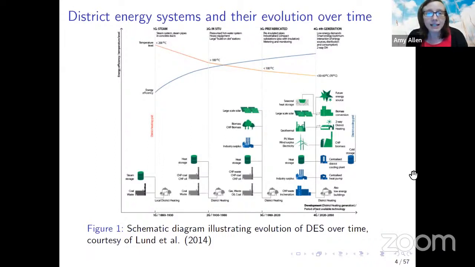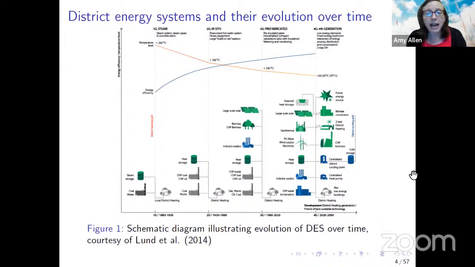As these systems have evolved to use water at increasingly moderate temperatures, their energy efficiency has increased through a reduction in distribution losses and compatibility with lower exergy sources of heat and heat rejection. I'll elaborate more on that subsequently.